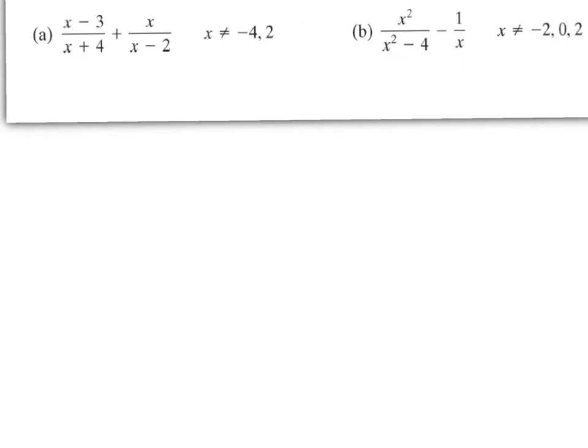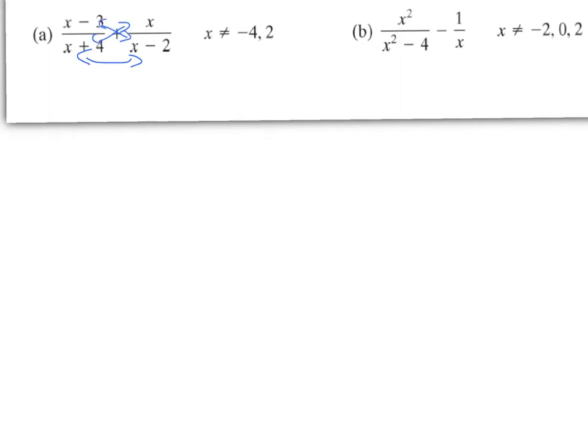All right, for these examples, we have a and b, so we're going to add and subtract a rational expression with unequal denominators. So we need to find the LCD, which is the least common denominator here. As we know, we can just multiply this with this, like cross multiplication.